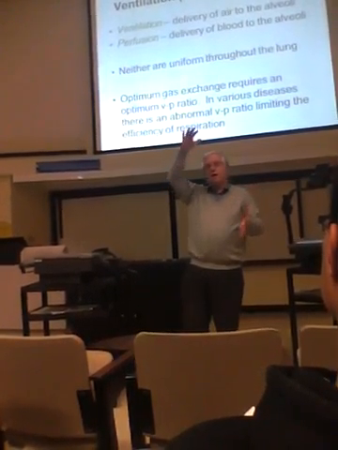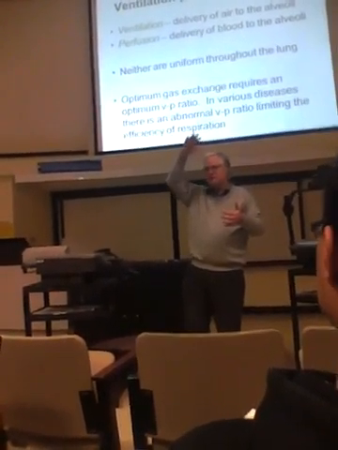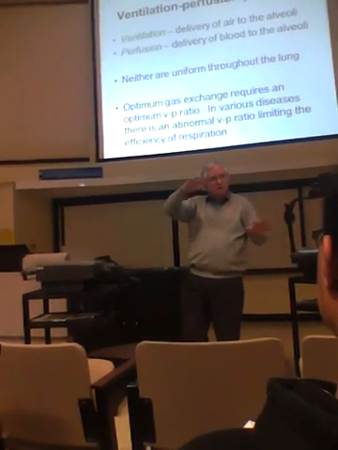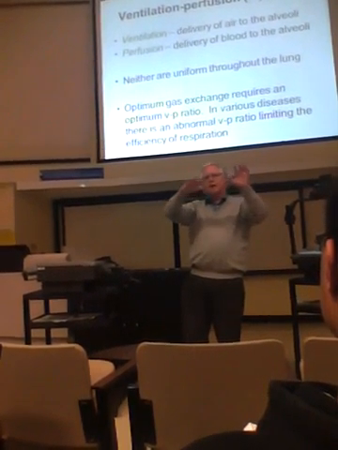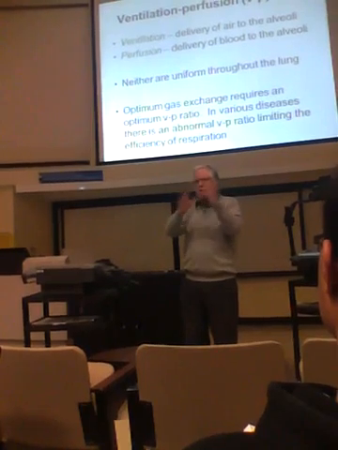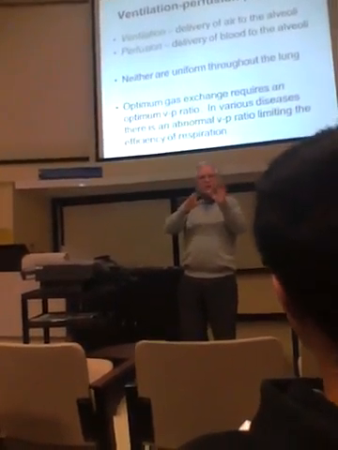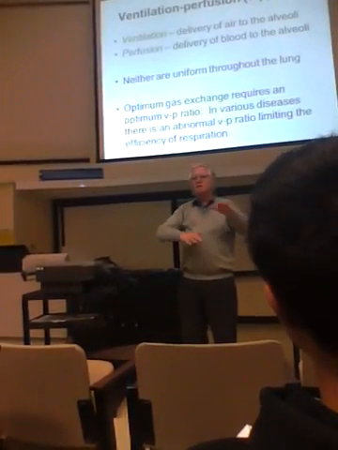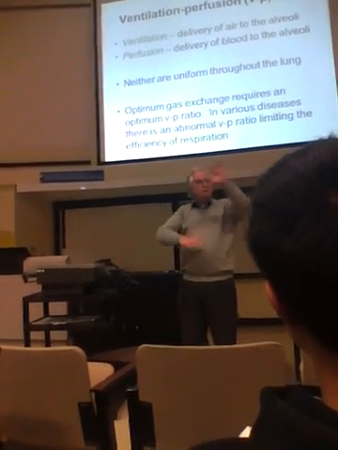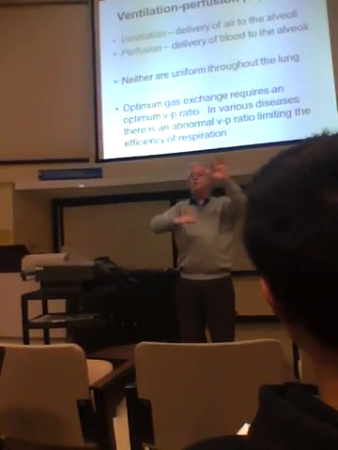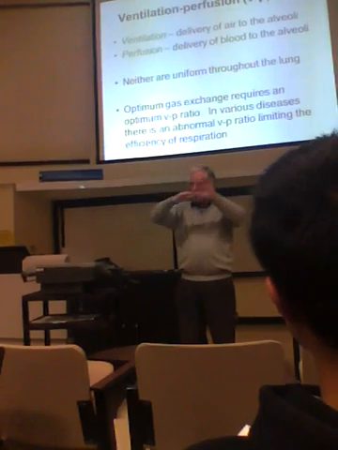The opposite way around, you've got a nice rapid ventilation, but a very slow circulation. Then you've got new air coming in, but no blood to pick it up. Do you understand what I'm trying to say here? You've got to optimize the rate of ventilation with the rate of blood perfusion. It's called the ventilation-perfusion ratio.